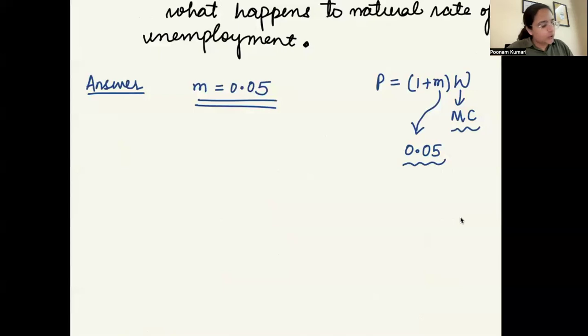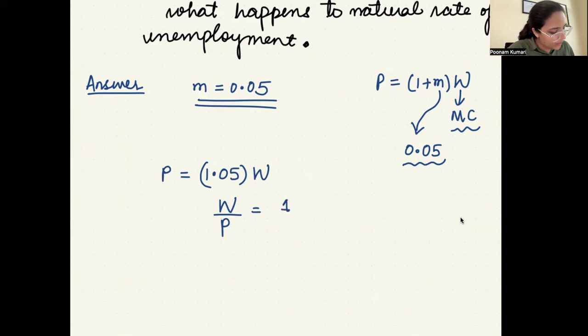So now if M is this, P is equal to 1.05 times W. So what is W by P? 1 upon 1.05. So what is my real wage? If we calculate, it will be 0.95238.